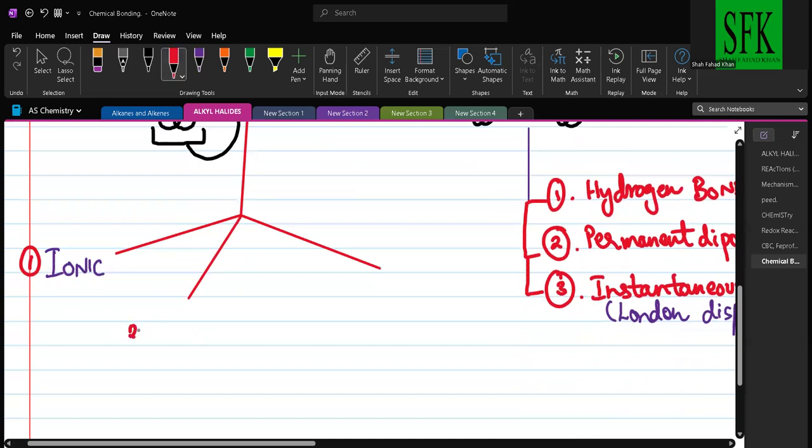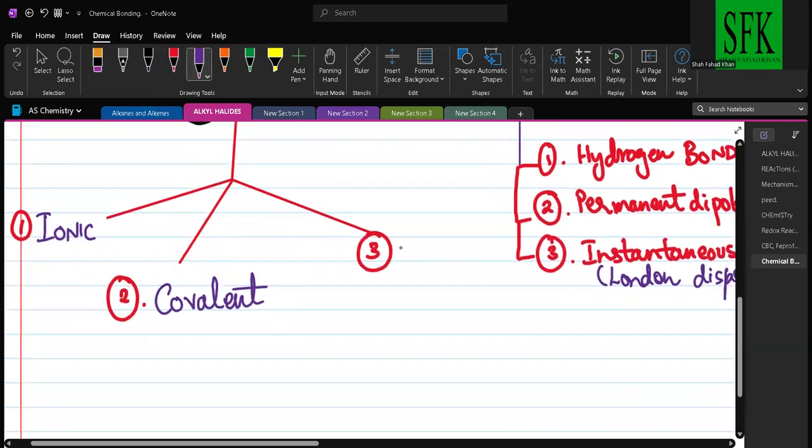The second one is called covalent bonding. And the third type of intramolecular force is known as metallic bond.